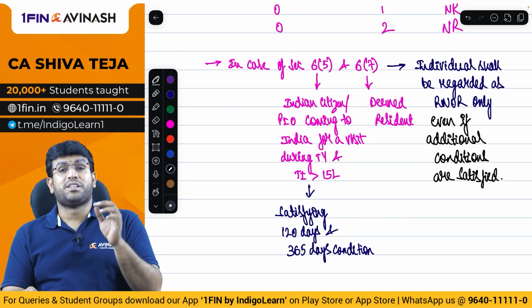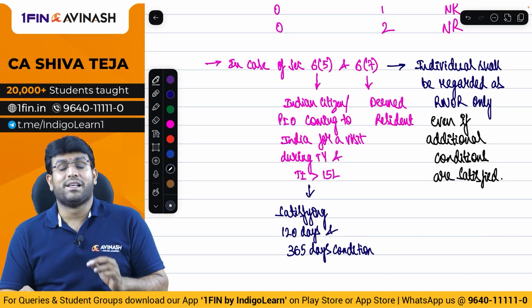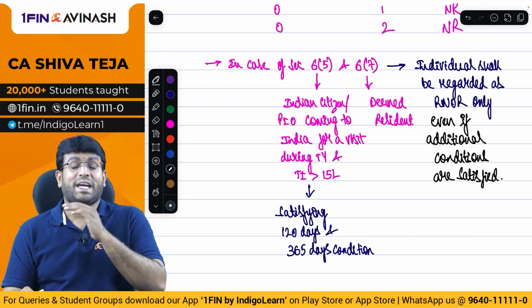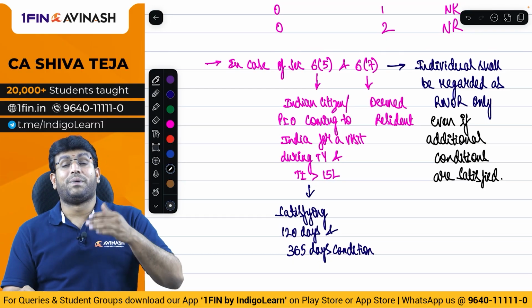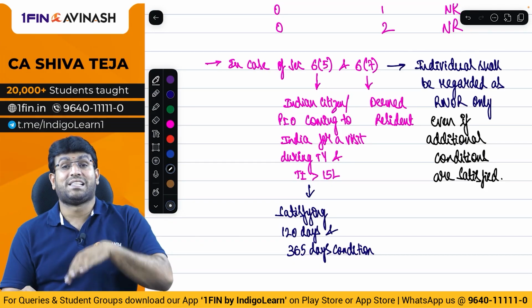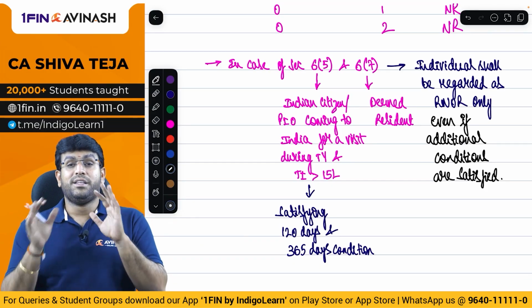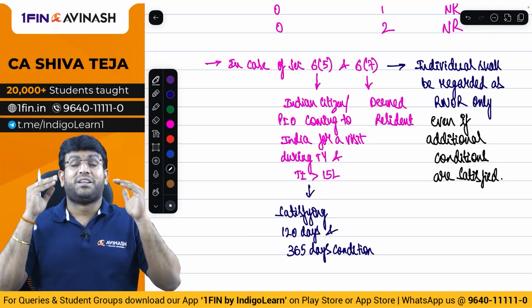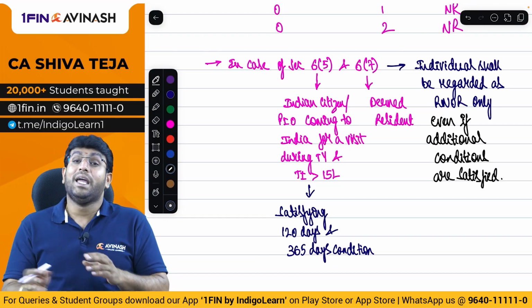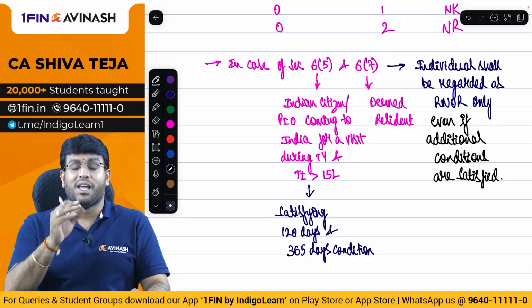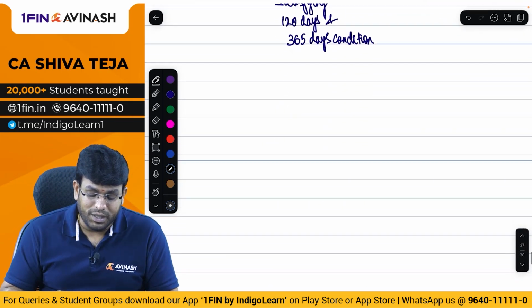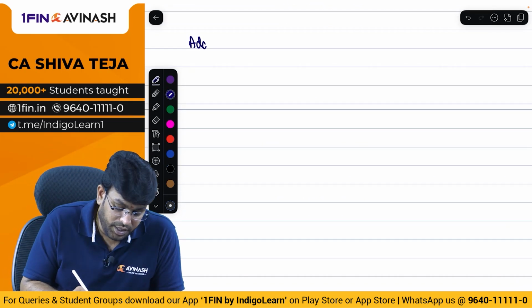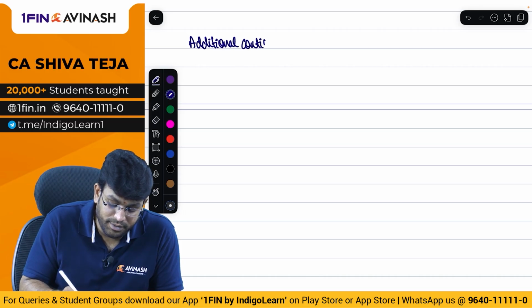No second thought about it. So a deemed resident as well as an Indian citizen or person of Indian origin coming to India for a visit during the tax year and total income is more than 15 lakhs: in these two cases, the person will be treated as RNOR only, even if both additional conditions are satisfied. I am sure we are getting clarity. And by the way, what are the additional conditions? Additional conditions, as I told you, are given by section 6(1)(c).